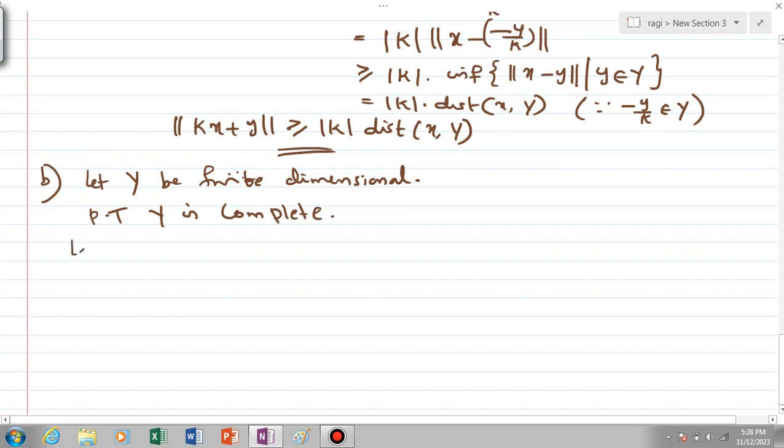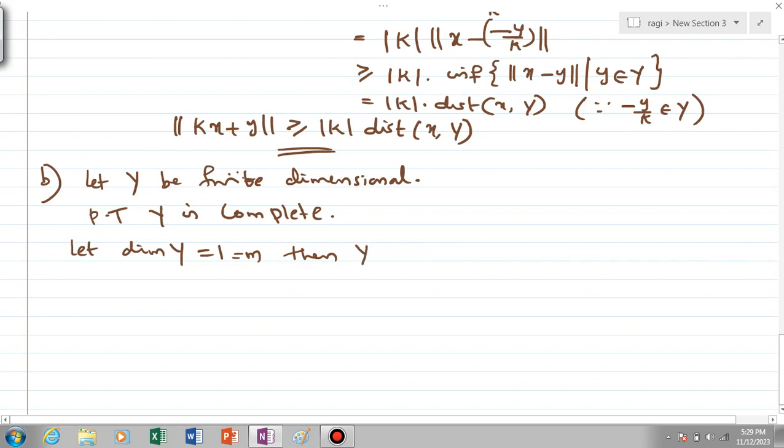Let the dimension of Y be equal to 1. Let us name it as m. m is the dimension of Y, and that is equal to 1.